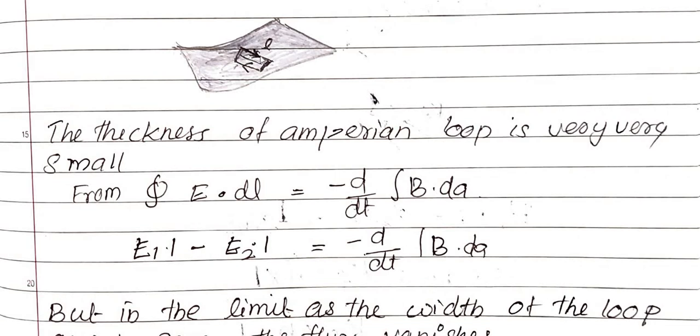When we calculate the line integral, on the upper surface it is E1 dot l, and on the lower surface minus E2 dot l, because when we take this direction as positive, this direction is considered negative, so there is a negative sign here. That is equal to minus d by dt of B dot dA.